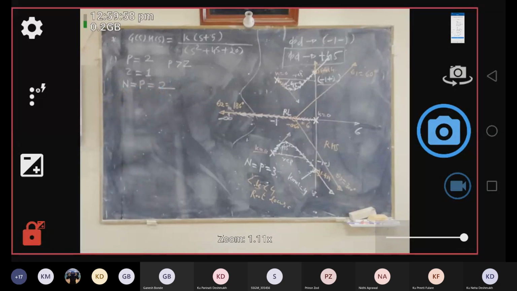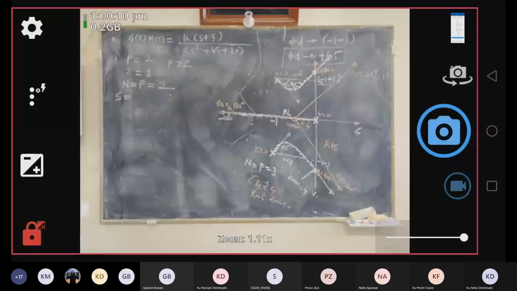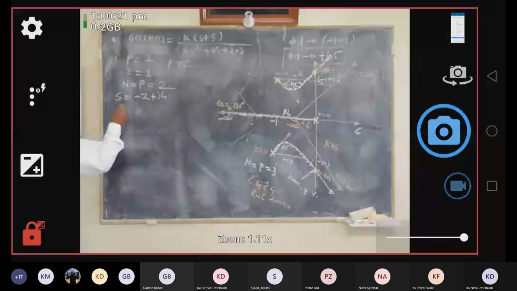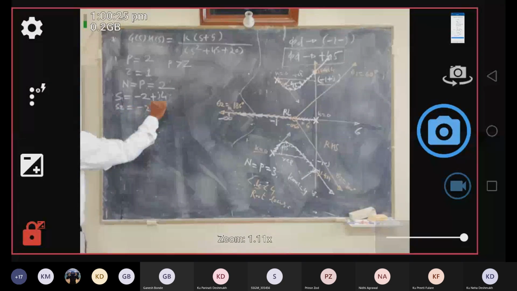Then which are the roots of your poles? Here is the complex pole we have considered, s square plus 4s plus 20. What are the roots of this equation? These are the complex poles. So s1 will be minus 2 plus j4. You can calculate it on a calculator also. s2 is equal to minus 2 minus j4.